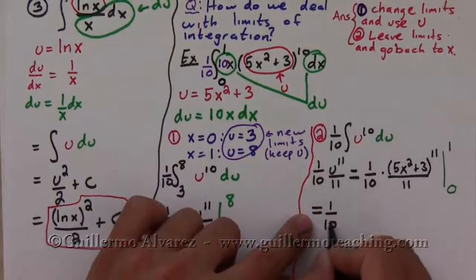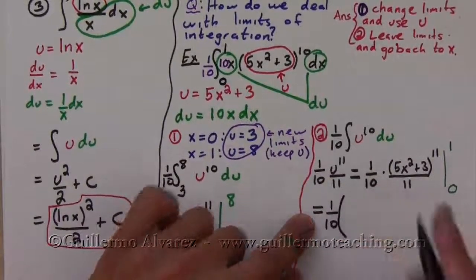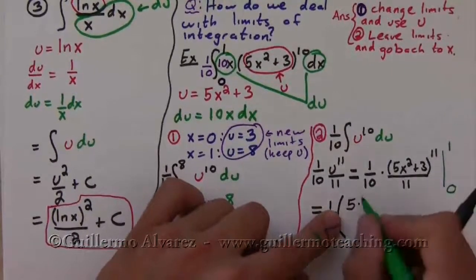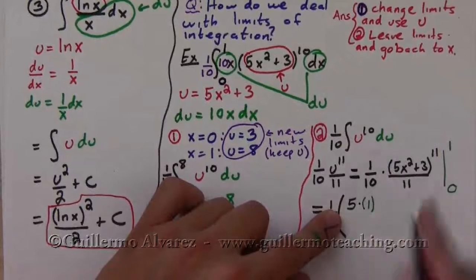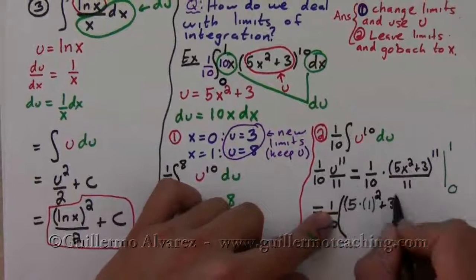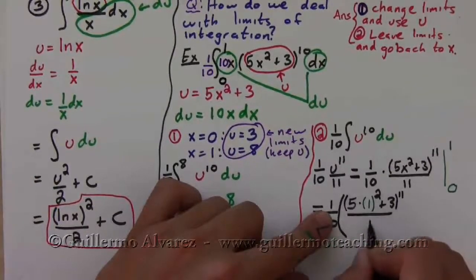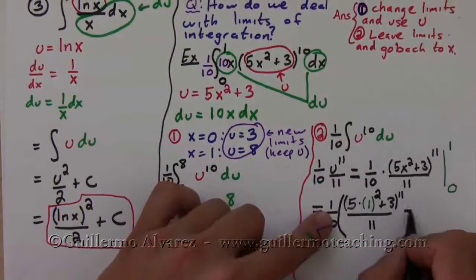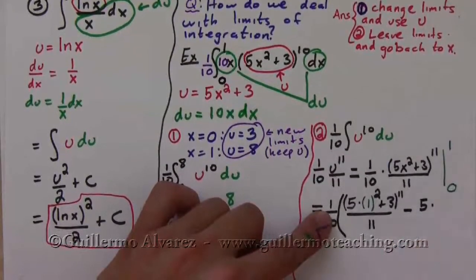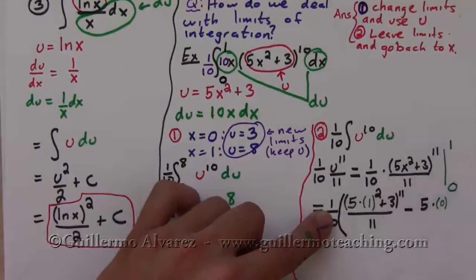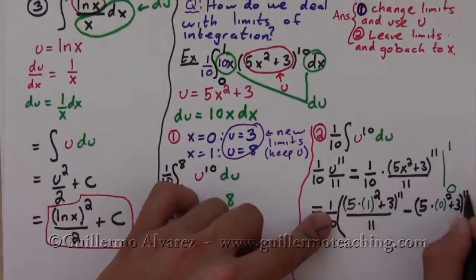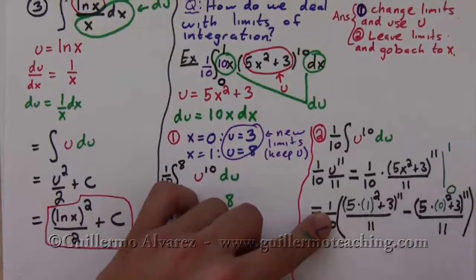So I'm going to have 1/10, I'm just going to leave the constant out, and then I'm going to have (5 times 1 squared plus 3) to the 11th over 11, minus, plug in the bottom, so it's going to be (5 times 0 squared plus 3) all to the 11th over 11.